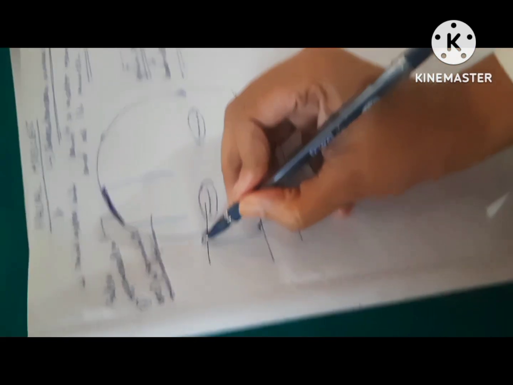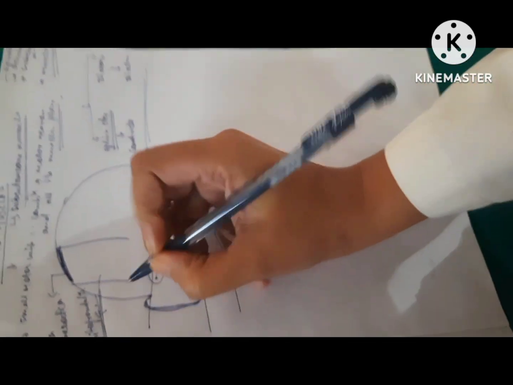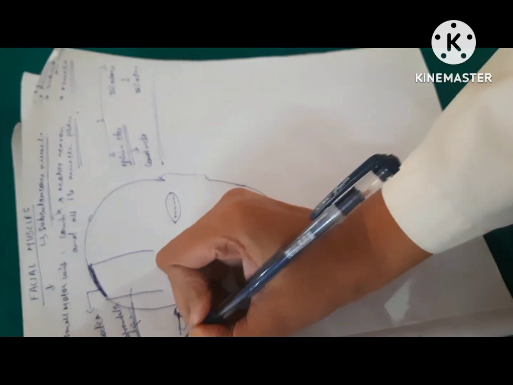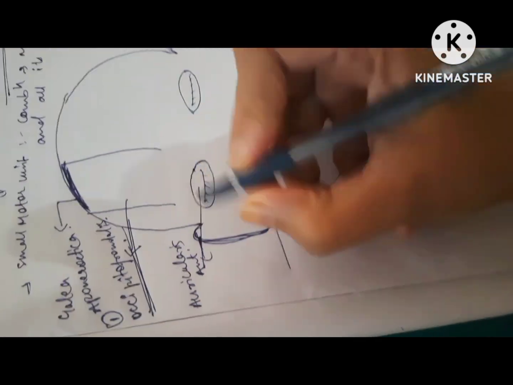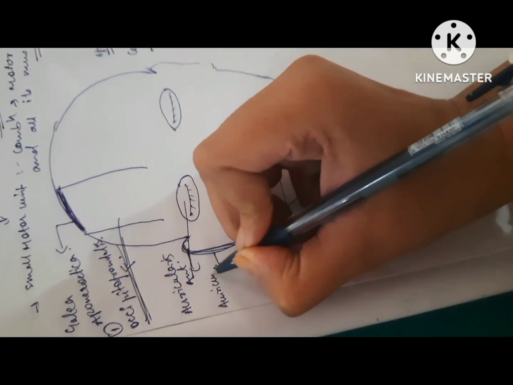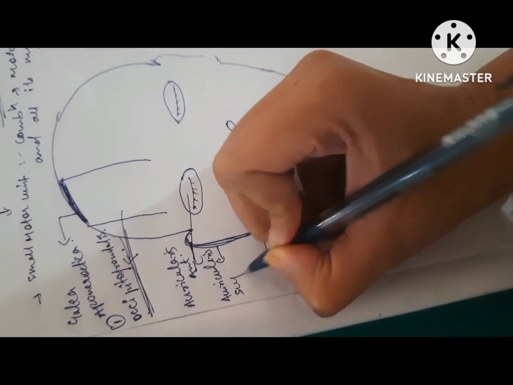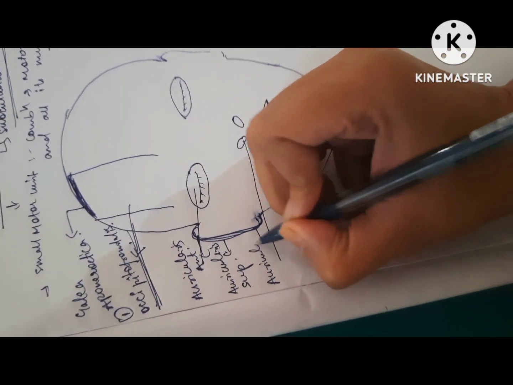Then we will see the muscles of the ear. So there are 3 muscles attached with the ear. First is auricularis anterior, second is auricularis superior, and third is auricularis posterior.